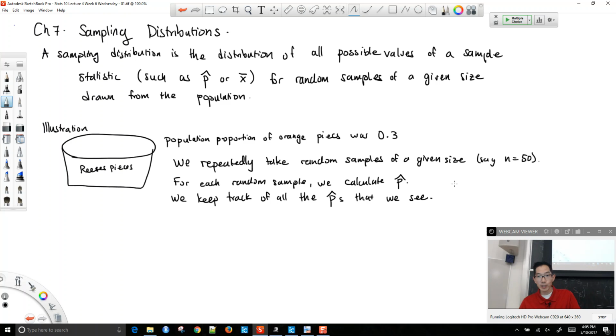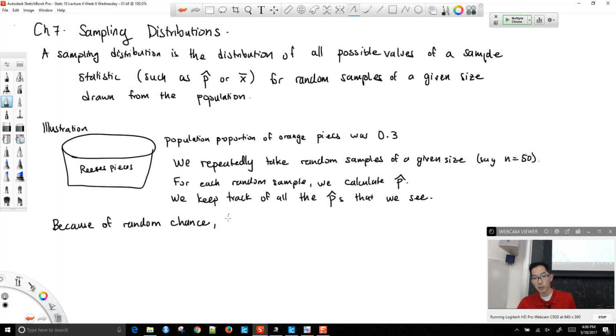So we keep track of all the p hats that we see, and that's pretty much our sampling distribution. Because of random chance, we would expect the different p hats we see to be centered at the population proportion of 0.3, but not necessarily equal to it.